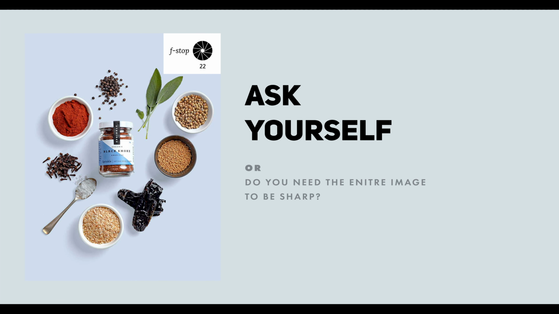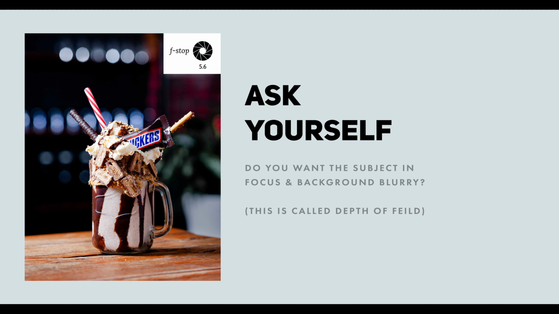Now, if that all sounds confusing to you, let's stick to the basics and what you need to know for this exercise. For this exercise, I want you to ask yourself, do you want the subject and background to be in focus, so both of them being sharp? Or do you want the subject to be in focus and the background out of focus, creating a bit of depth?